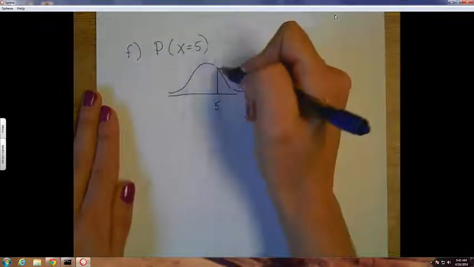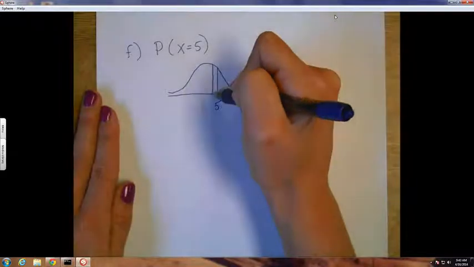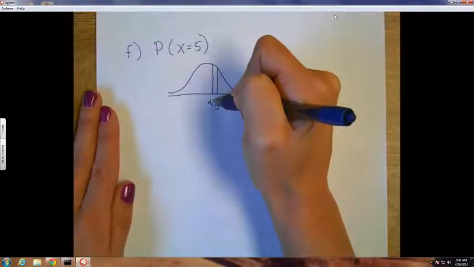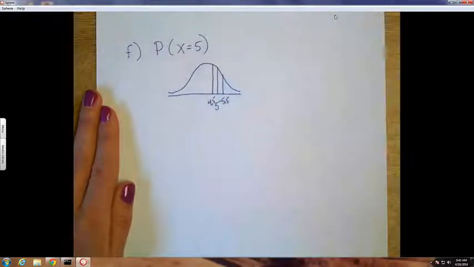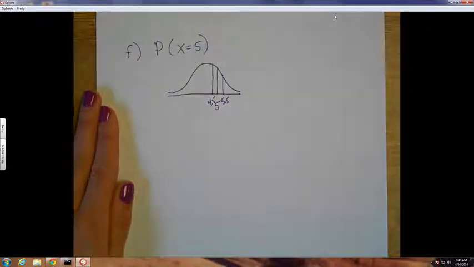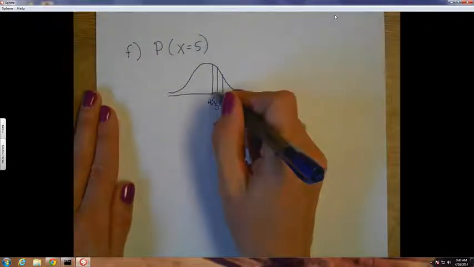What'd you say? Yeah. 4.5, and what'd you say, both of them? Yeah. You are correct. So we are going to use both edges, because all I want is just the numbers that round to 5 only, and that gives me this region.